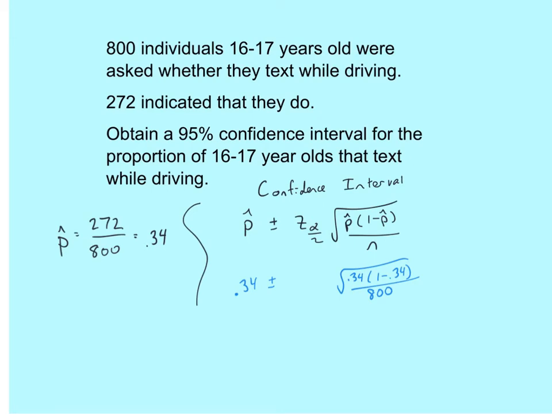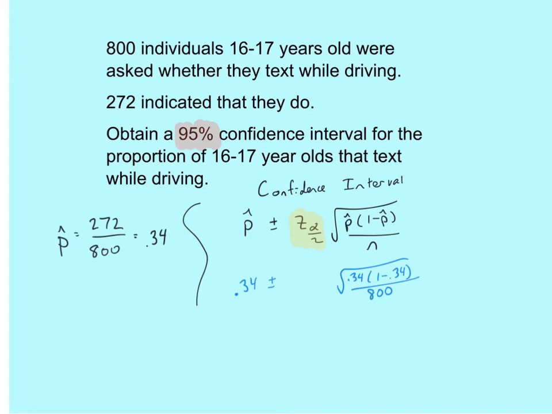The only additional piece of information I need here is this z-score. And the place that comes from is the 95% confidence level. So that number tells us to go to table 5, and if it's one of the common ones, we can luckily look at the bottom and see what that corresponds to.